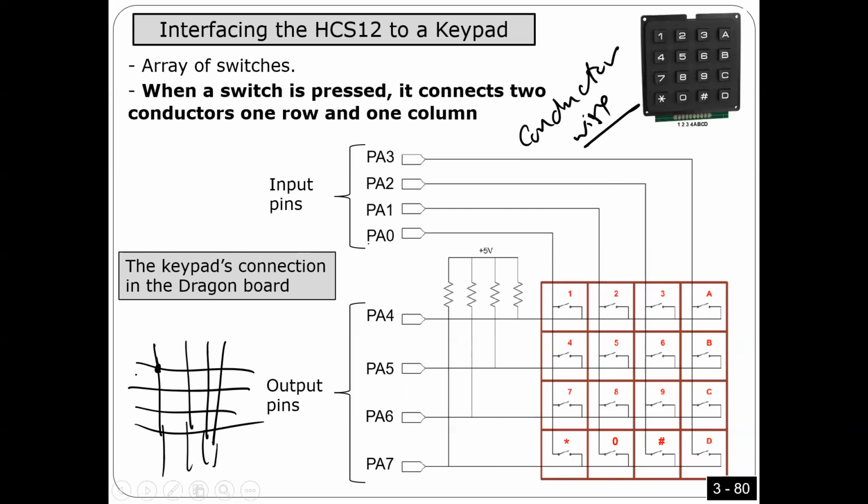Is that okay? Number two, in every intersection we put a switch, a push button. Do you know the difference between a push button and a switch? I'm going to tell you the difference.